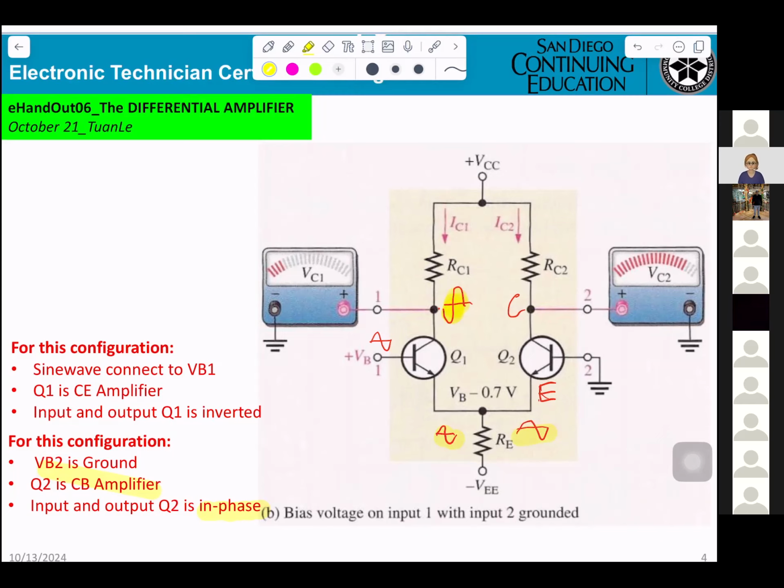So Q2 input goes to the emitter, output from the collector. So it will be a CB amplifier, and in a CB amplifier, input and output will be in phase. That's what you're able to recognize when you're looking into this circuitry.